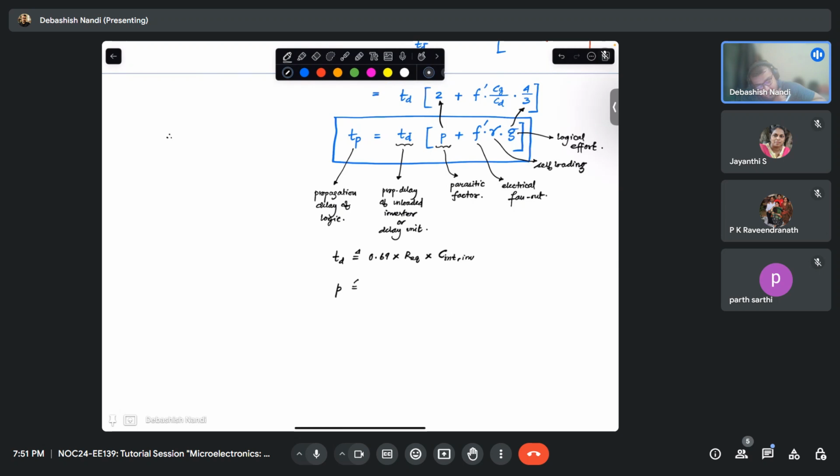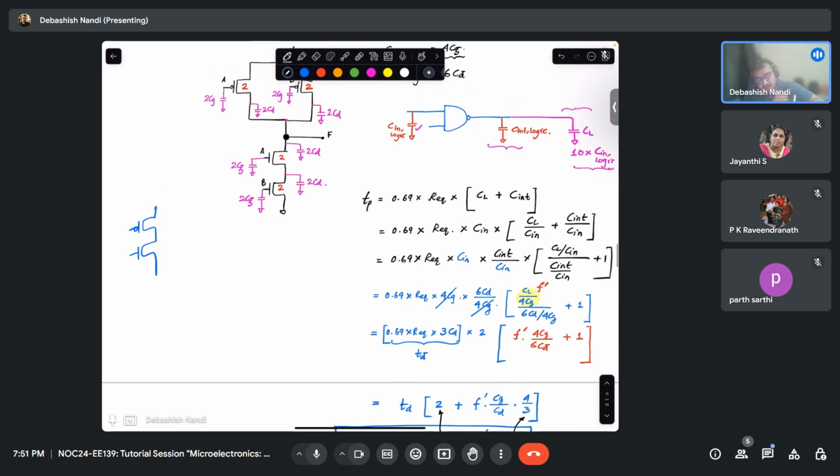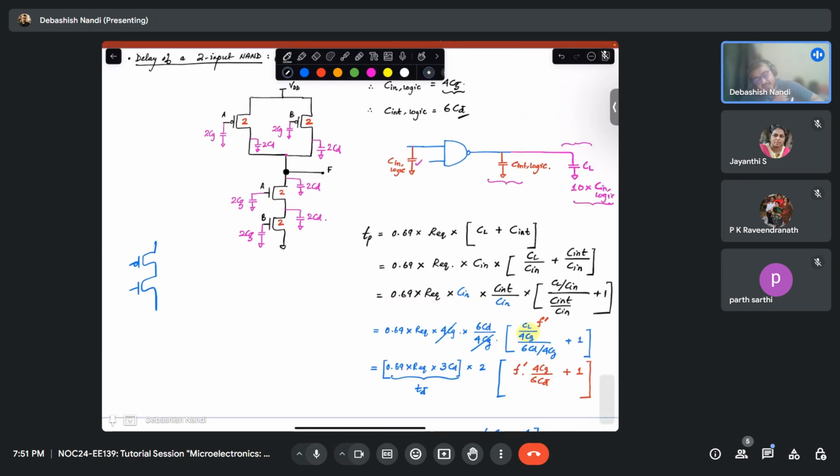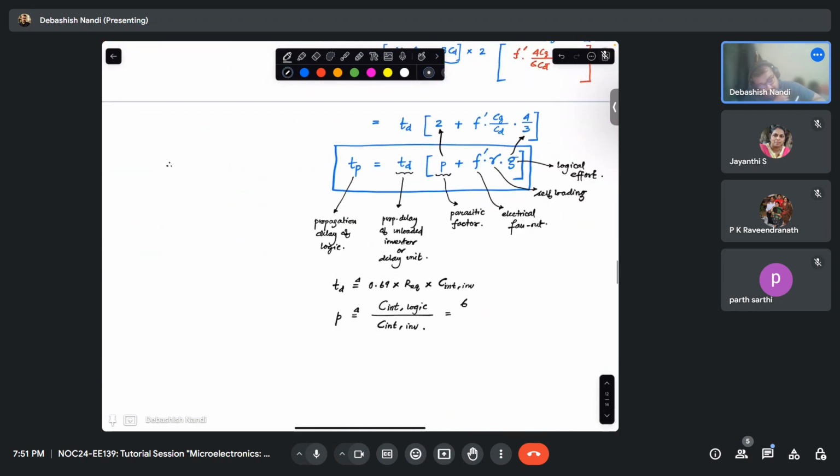P is defined as C internal of logic divided by C internal of inverter. So in a 2 input NAND gate, what was the C internal of logic? It was 6CD. And what was C internal of inverter? We know it is 3CD. So it is 2.